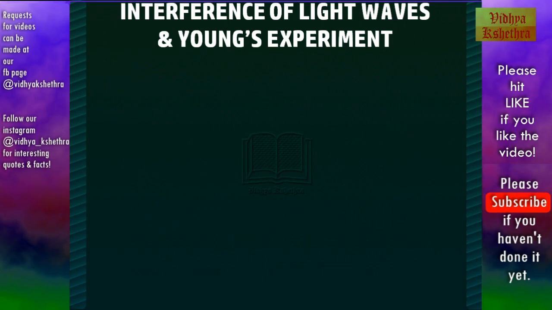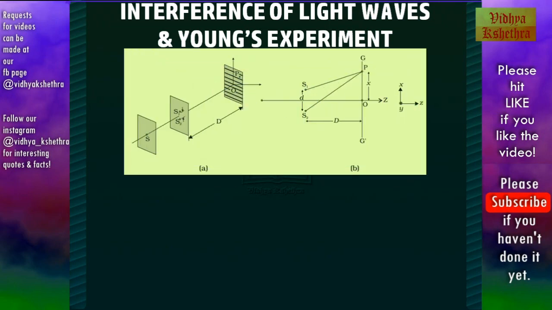Now we are ready to discuss interference of light waves and Young's experiment. Young conducted an experiment using a coherent source. The figure shows how he obtained a coherent source. That is, he used two screens.